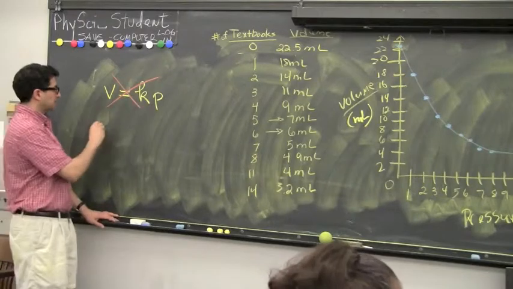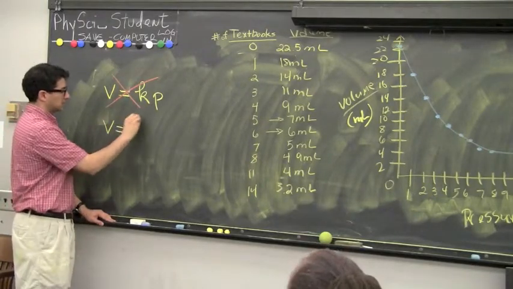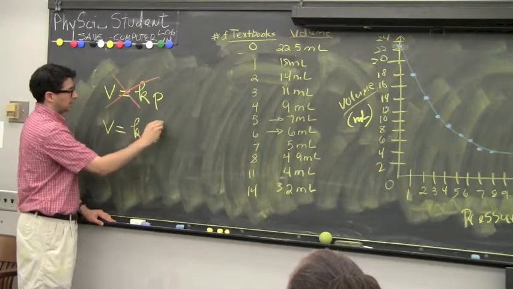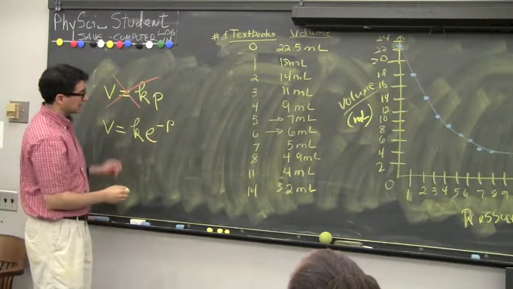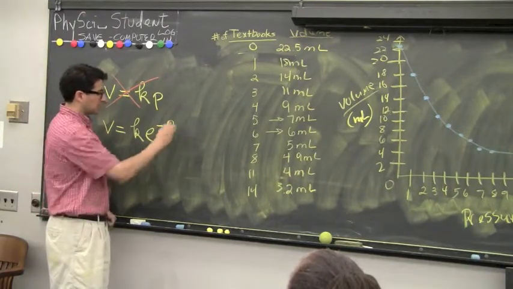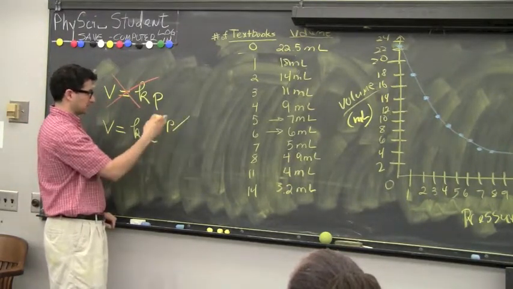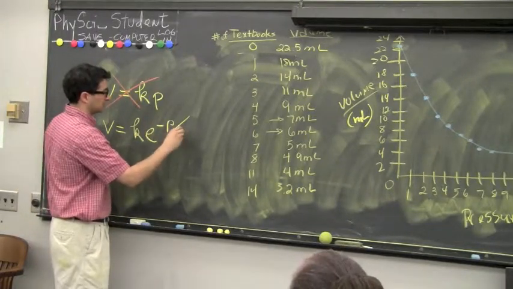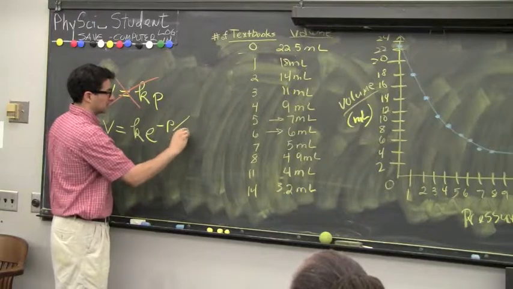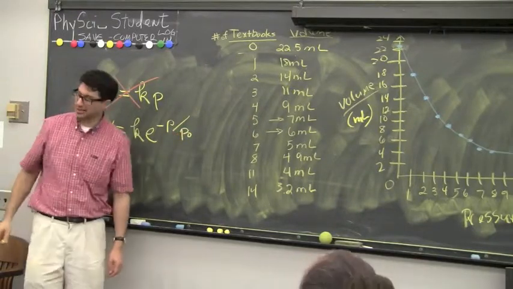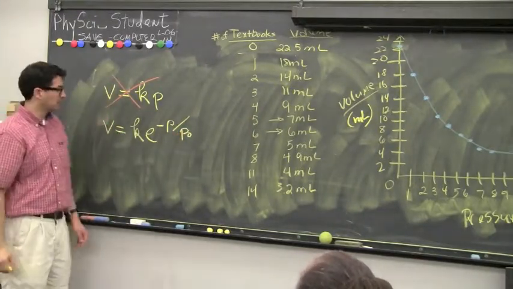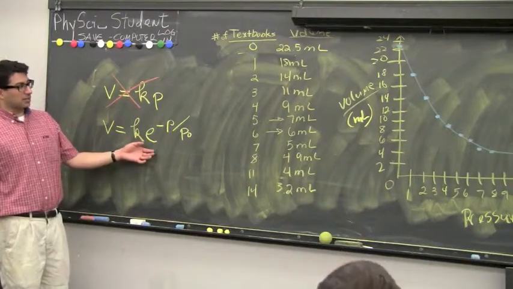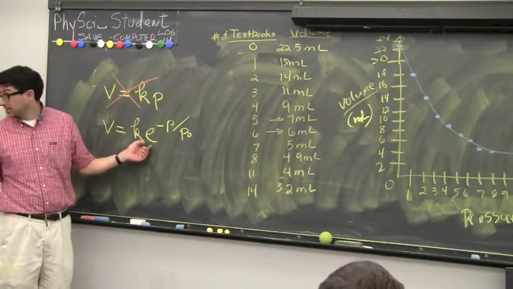Then Charlotte's guess was V equals K e to the minus P, and I'd probably have another constant in here to deal with my units, and I'd call that P naught or something like that. So one could, in principle, try that.